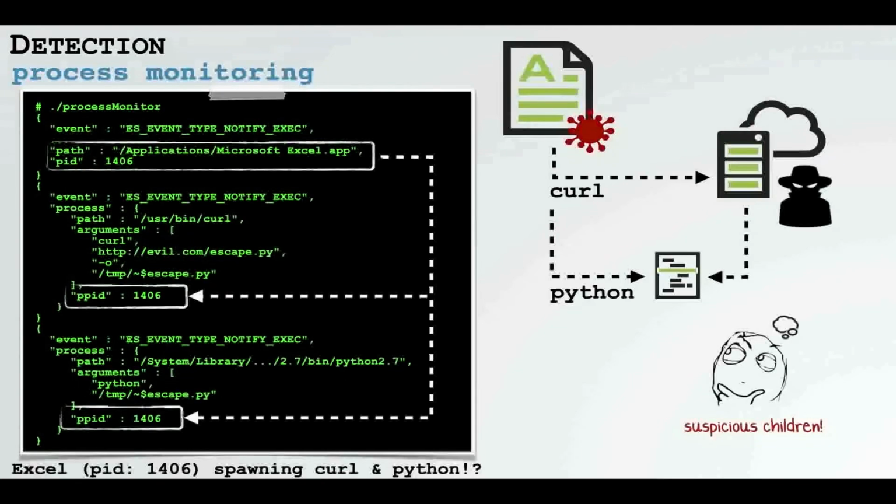As we can see on the slide, we can now detect when an Office application, for example, Excel, spawns a child process that is, well, suspicious. So regardless of the reason, of the exploit, if it was a macro, buffer overflow, if you see Excel spawning curl and then Python, that's bad news. Something is amiss.